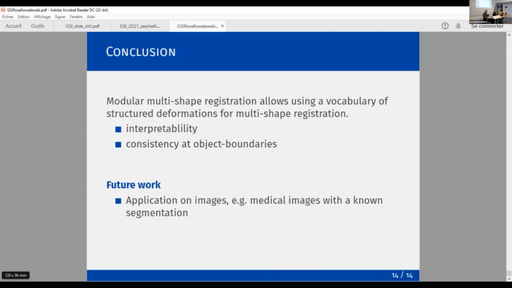We showed the new possibilities of the model on synthetic examples, and in future work we would like to apply this also to other types of shapes, in particular medical images with the known segmentation and known knowledge of the deformation that comes from physical properties of the objects. Thank you for your attention.